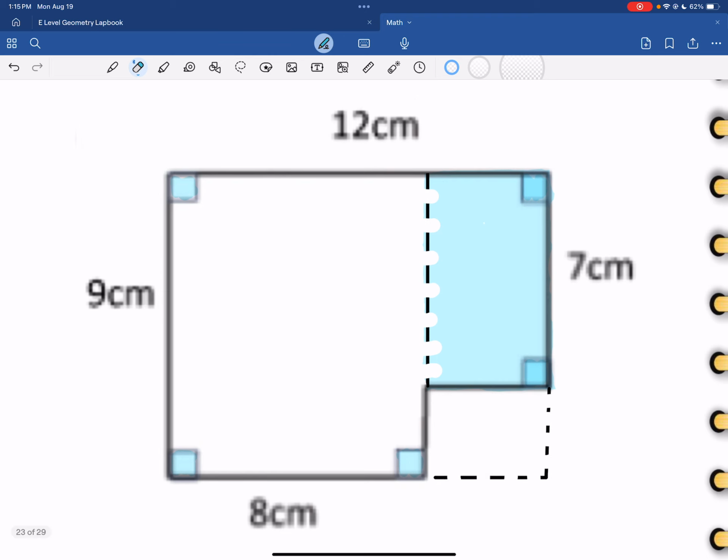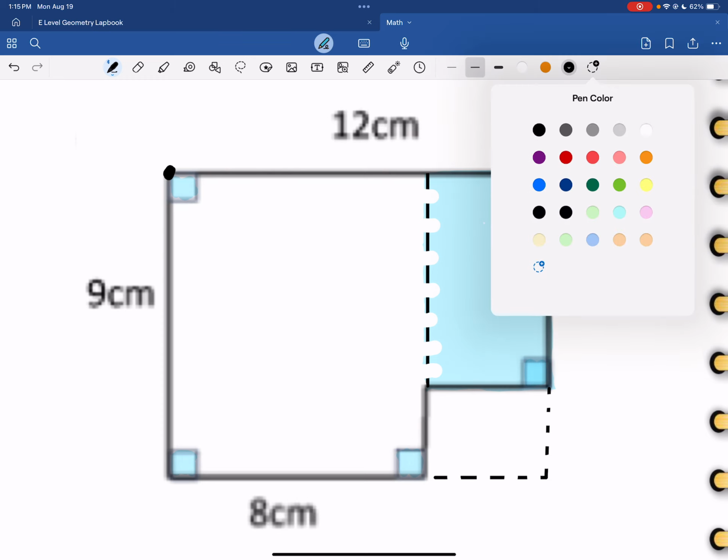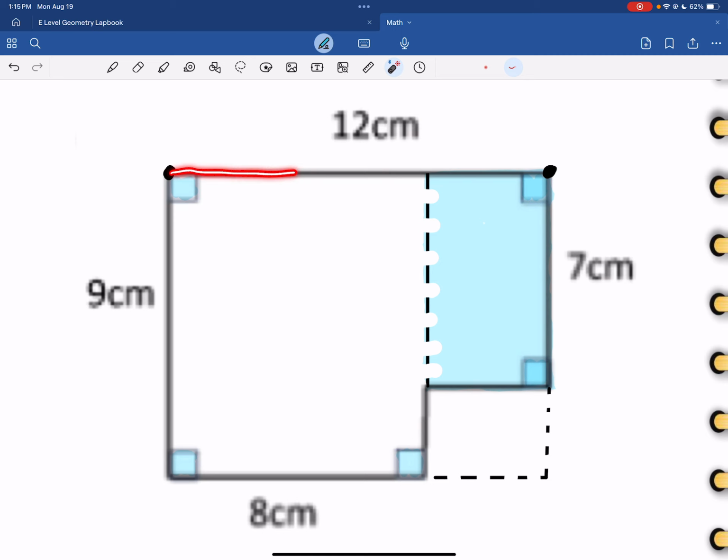Okay, so let's put in some dots, some points. I know that this long edge up here is 12. So this edge is 12. And I know that this one is 8. And I need to know the rest of that line.